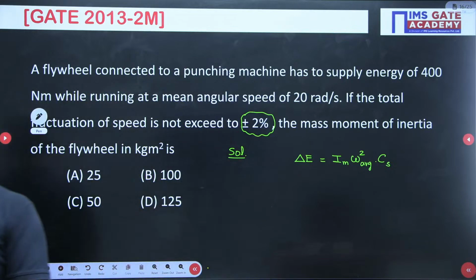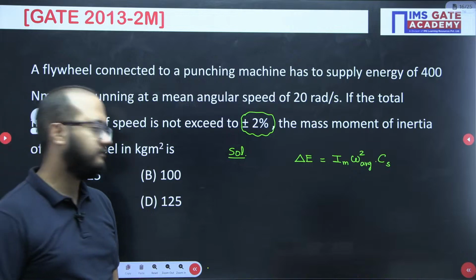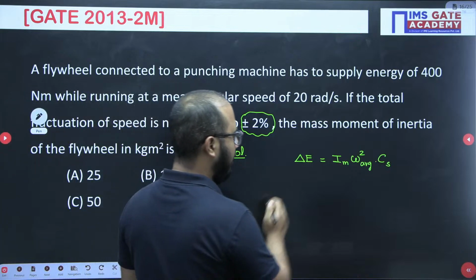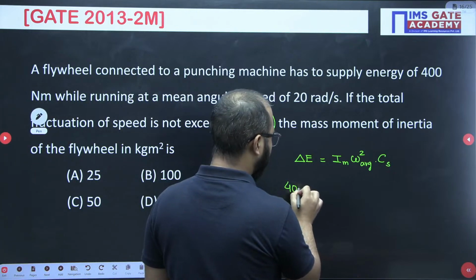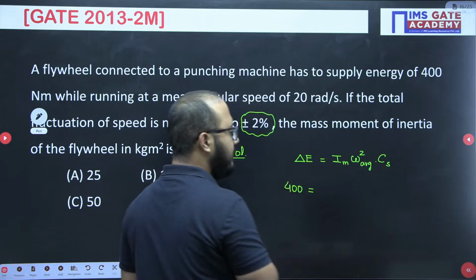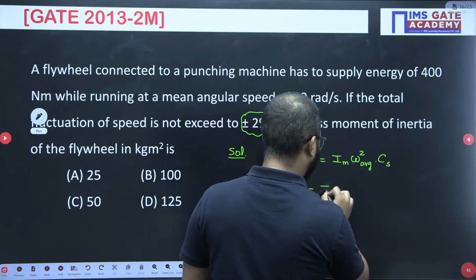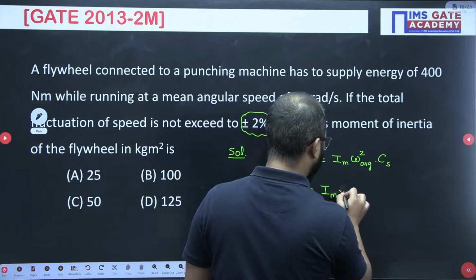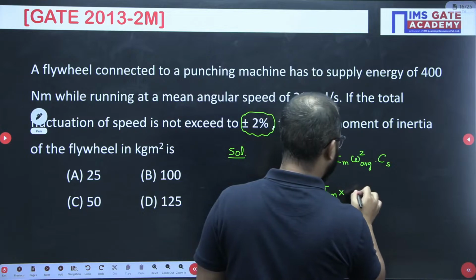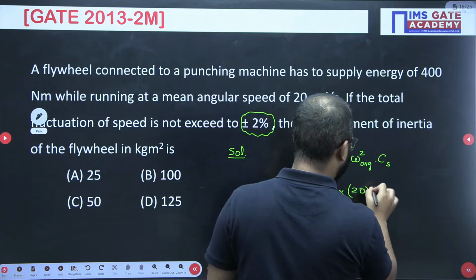Do it fast everyone and tell me your answers. What will be your answers? Do the calculation because this is very easy. Im value we need to calculate. Omega average square, that is 20 square. All the values were given directly.